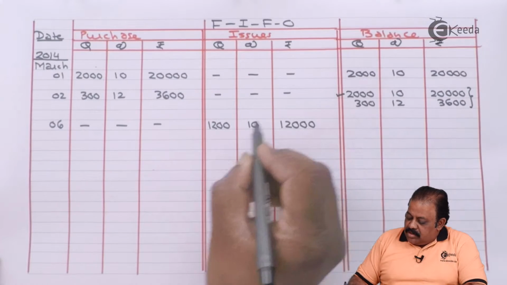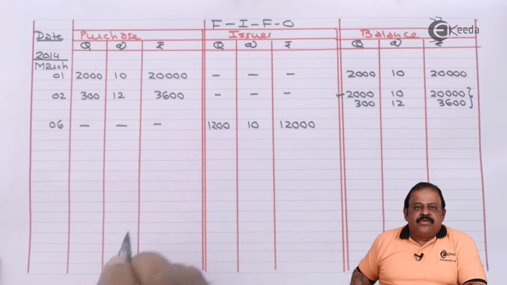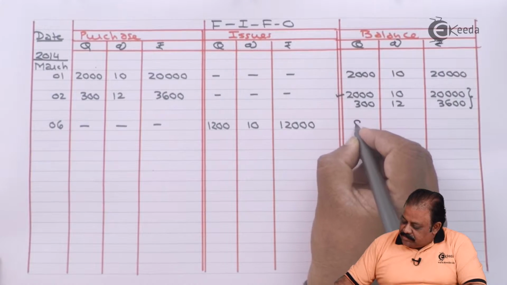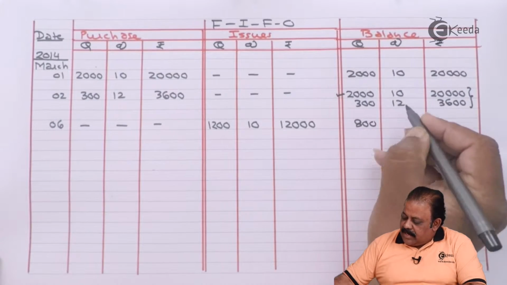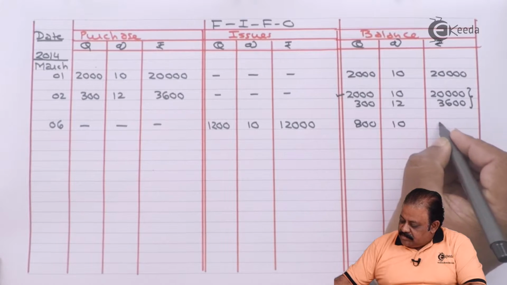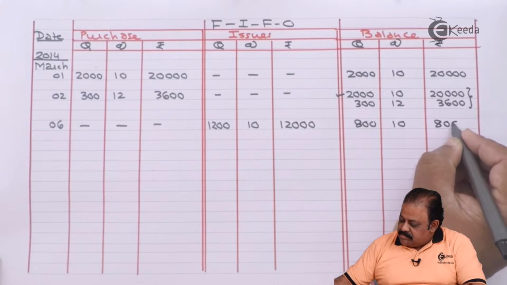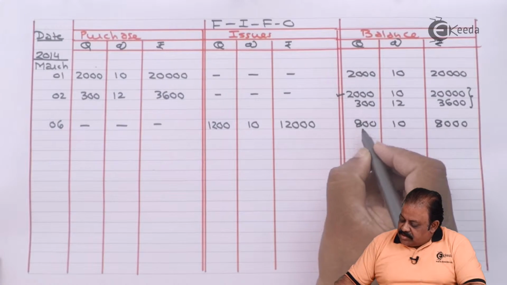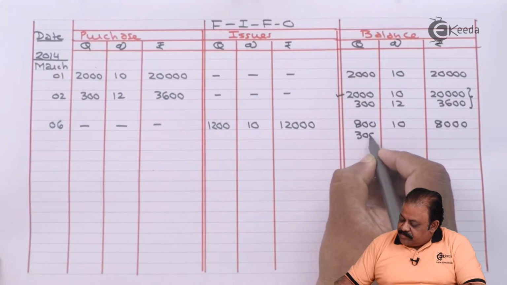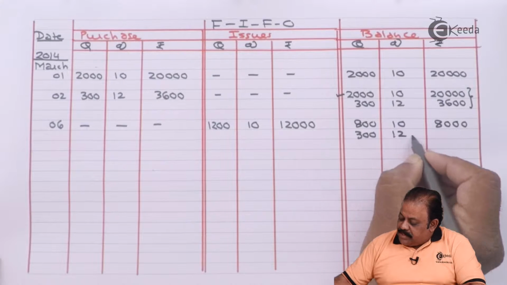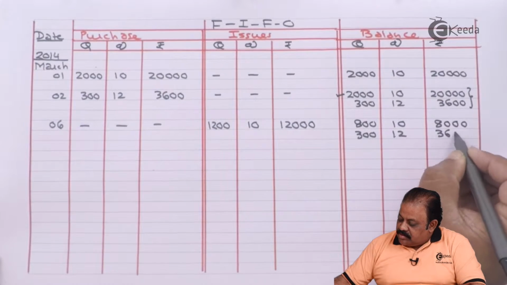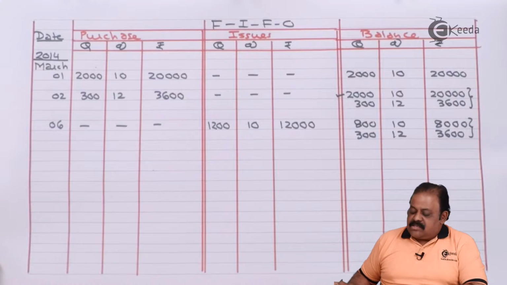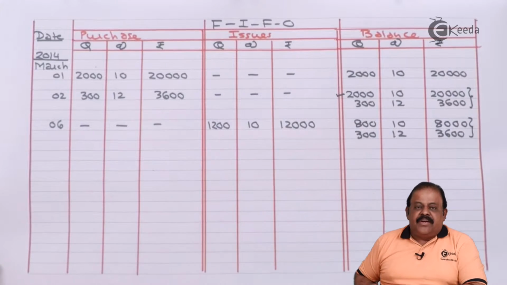Out of 2000, 1200 units are issued. So balance will be 800 units at the rate of 10, value is 8,000. Next, 300 units balance, value is 12 rupees, amount 3,600. So we have now two stocks, 800 units and 300 units.